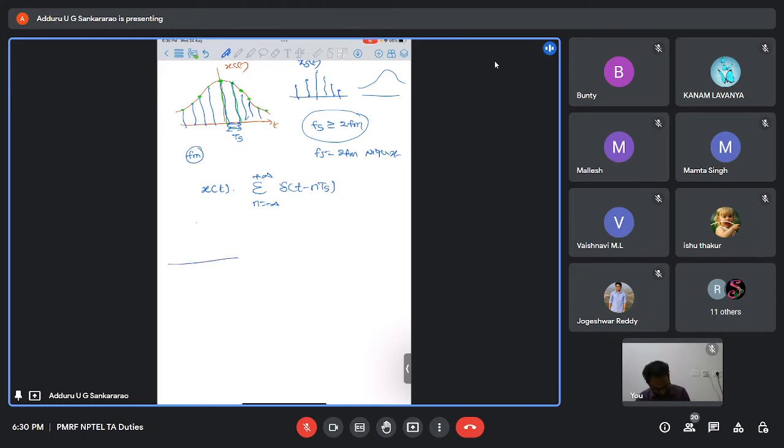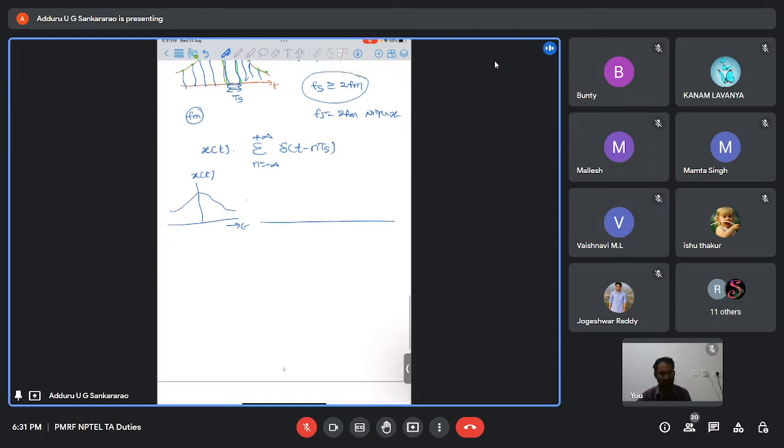So x of t is some signal, and this is multiplied by the impulse train. The delta of t has a non-zero value when the quantity inside the brackets is 0.